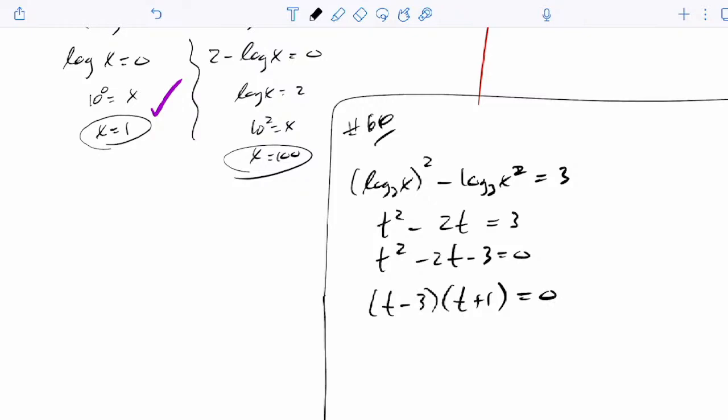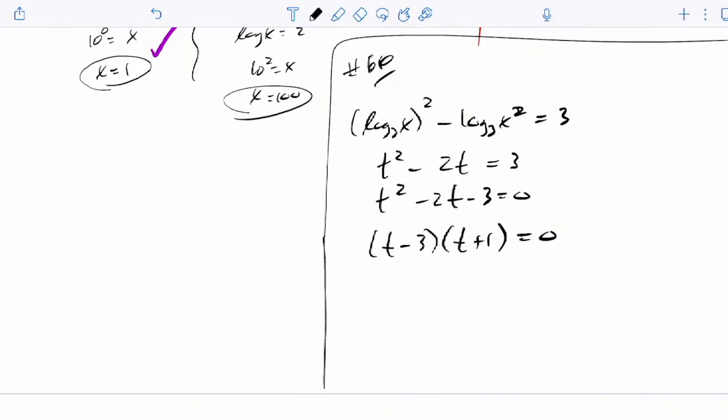Or you get t minus 3 times t plus 1 is 0. For 66.